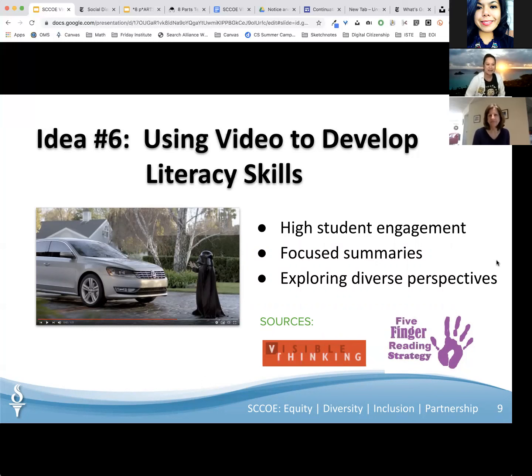And this image right here, I don't know if you remember this commercial. This is the Volkswagen commercial with this kid who is being Darth Vader. If I'm thinking about some things that we can do in the classroom with this, Abby had reminded us of using these commercials for a 5-finger summary.